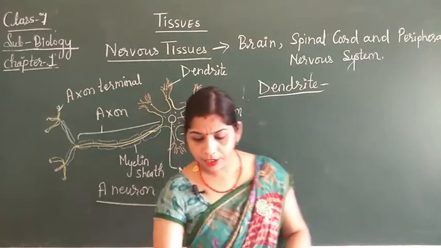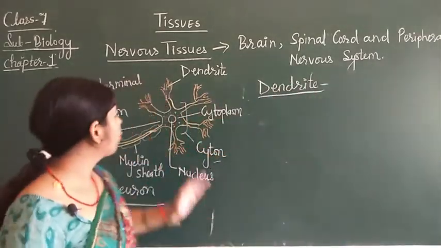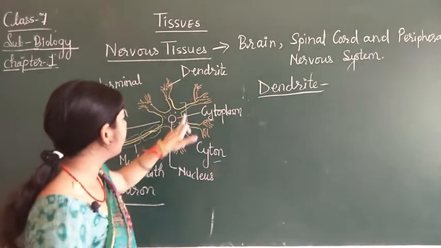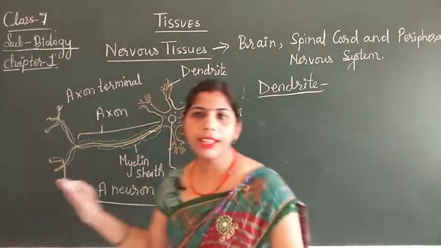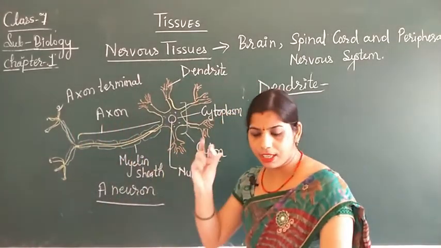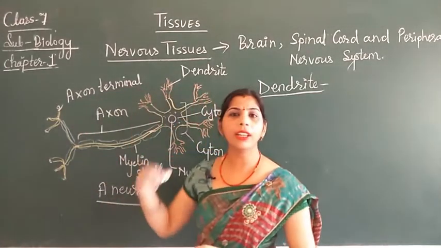Now, the dendrites are the structures that branch out from the cyton, and these structures help in receiving signals from another neuron.